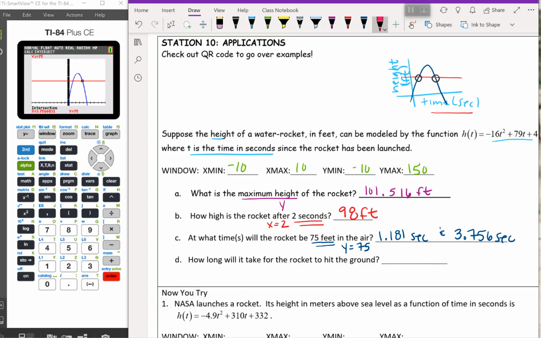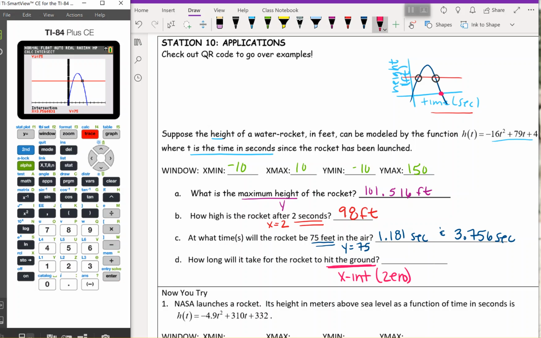One more question. How long will it take for the rocket to hit the ground? Okay, so when it hits the ground, its height is 0, and that's this point on the graph. You see what I'm sketching on this, and that is the x-intercept. And another word for x-intercept is a 0. So on my calculator, I'm going to do second calc and choose 2 for 0. And what I'm looking for is over here where it's hit the ground.